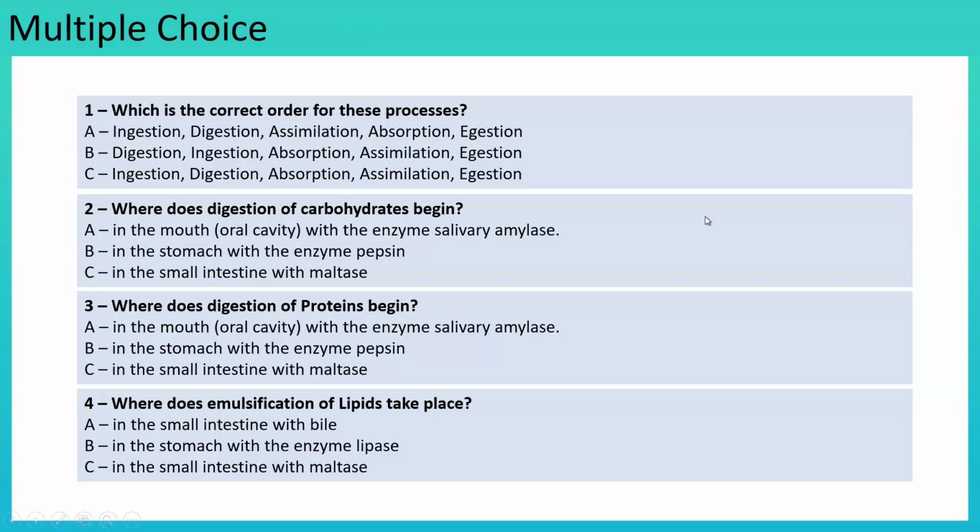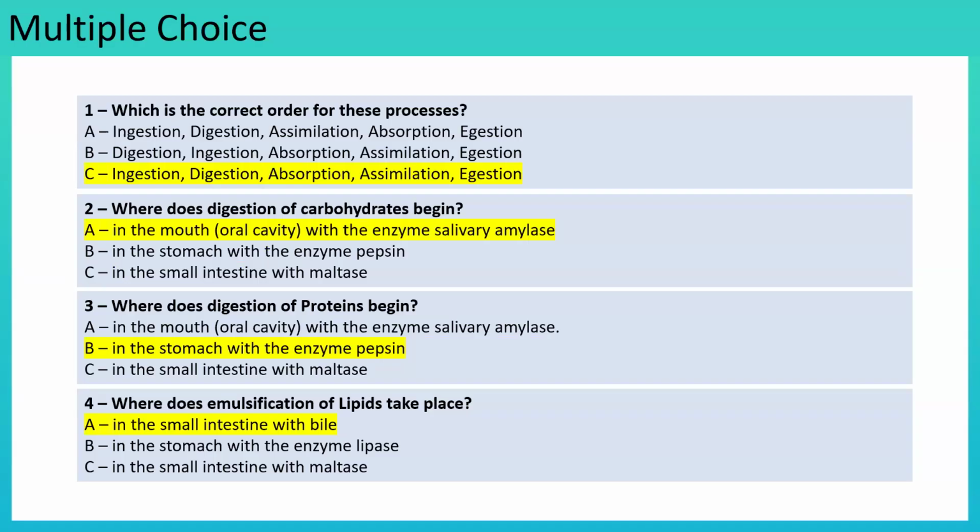Okay, I'll just pop the answers up for you to have a look. So the process goes ingestion, digestion, absorption, assimilation, and egestion. Digestion of carbohydrates begins in the mouth with the enzyme salivary amylase, which breaks down starch.